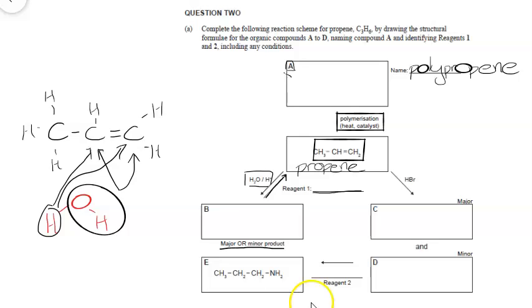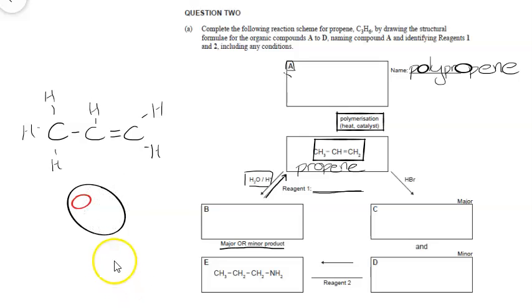So let's draw the major product, just as good practice. The major product is going to be the one where the hydrogen bonds to the carbon with the most hydrogens already. So that's going to be this one here. It's an addition reaction, which means we break the bond, and then we're going to have a hydrogen now bonding to that carbon, and a hydroxide group bonding to that carbon.